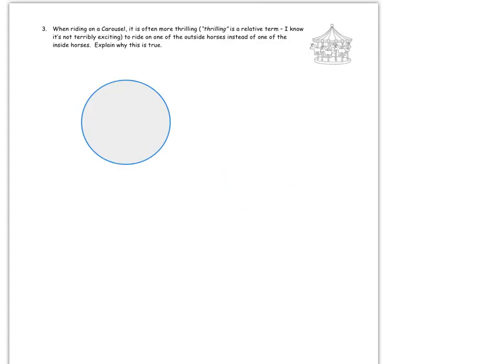So for this next one, we have a conceptual question about riding on a carousel and why it's a little bit more thrilling to ride on the outside than on the inside. So if we think about a carousel that's rotating at some angular speed, and we consider two points on the carousel, one a little bit closer to the center here, one a little bit further away. Both points are going to have the same rotational speed, because they're rotating with the carousel.